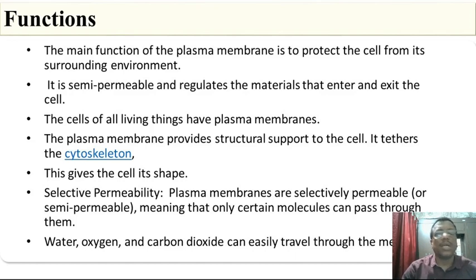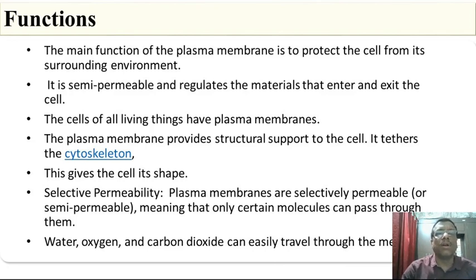Semi-permeable means it acts as a selective barrier which regulates the materials that enter and exit the cell, which controls the molecules that should enter or exit the cell.